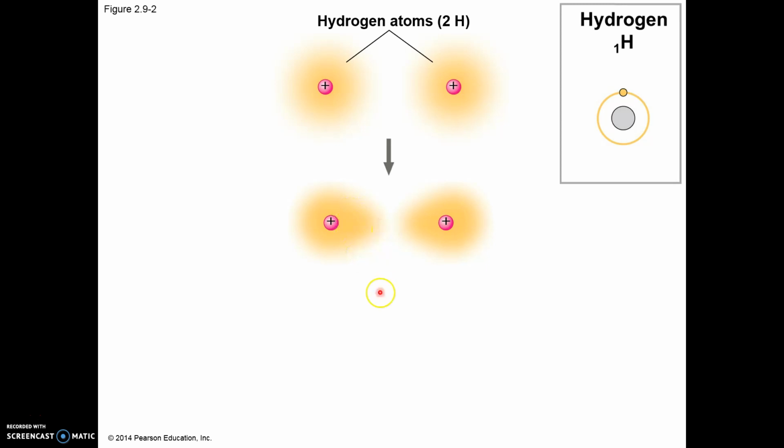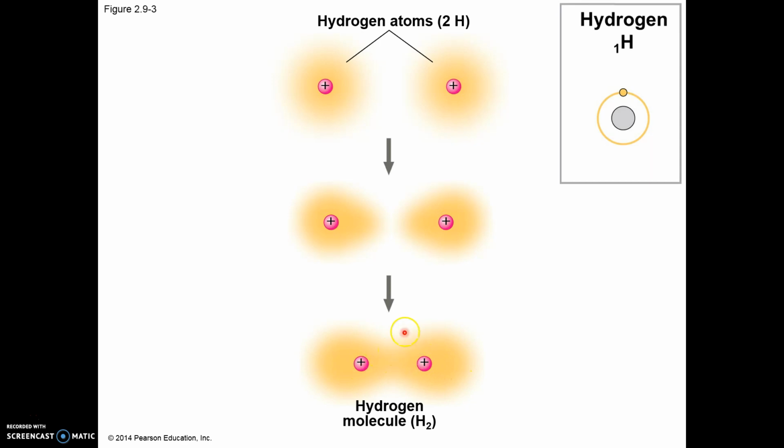As they come closer and closer together, they finally achieve a point where those electrons are kind of orbiting both. Okay, not kind of orbiting, they are orbiting both. They are in a shared space. Okay, and typically that space is somewhere in between the two nuclei.